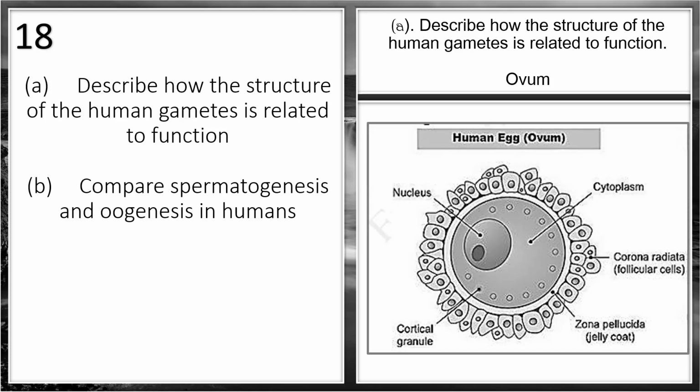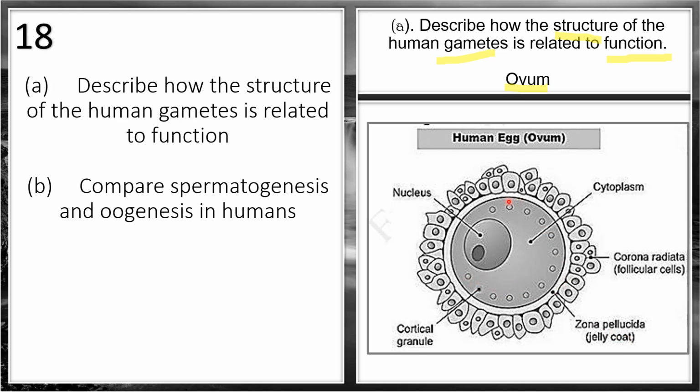Let's start with the structure of human gametes and their relationship to their function. We shall start with the ovum. Here we have our ovum. It has the nucleus, it has the cytoplasm, the layer zona pellucida and jelly coat.